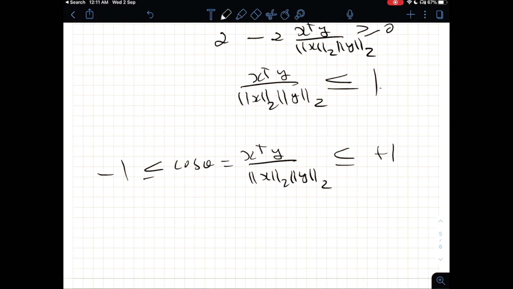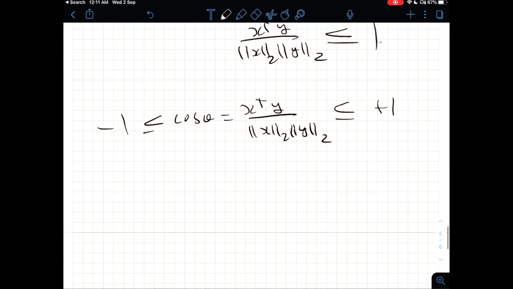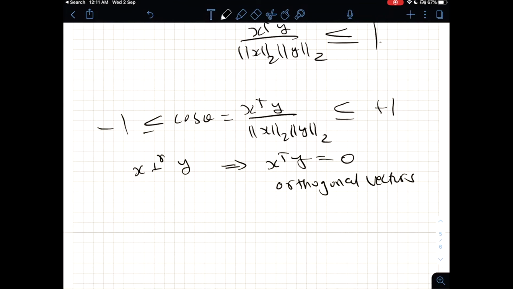Okay. Now, if two vectors are orthogonal to each other, that is they are perpendicular to each other, we saw that x transpose y is equal to 0. Such vectors are called orthogonal vectors.